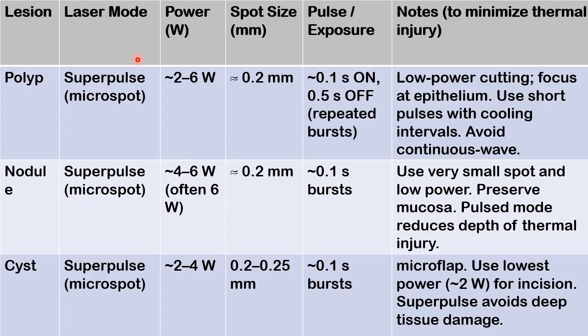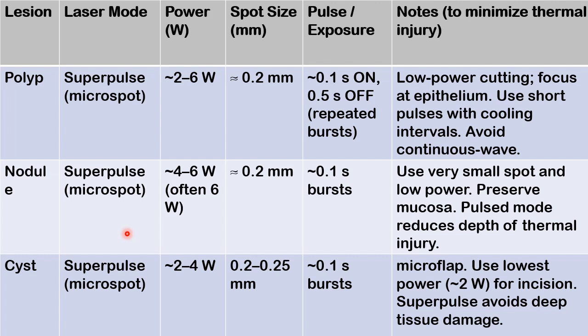And this is a summary of the laser settings in the commonest 3 conditions for vocal fold benign lesions: the polyps, the nodules, and the cyst. The recommended laser mode would be the super pulse with a microspot.